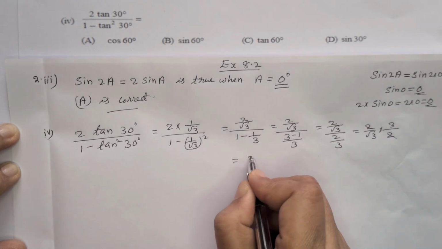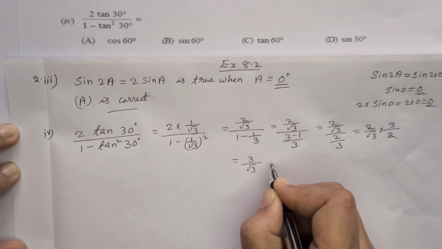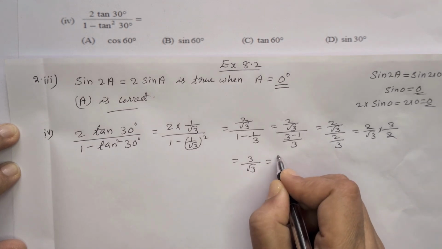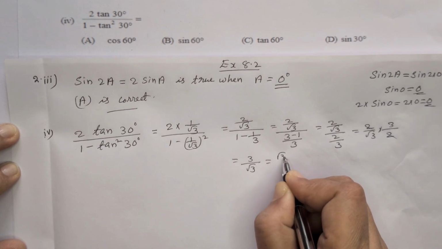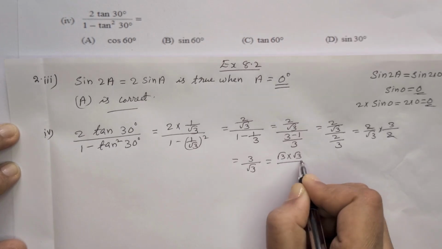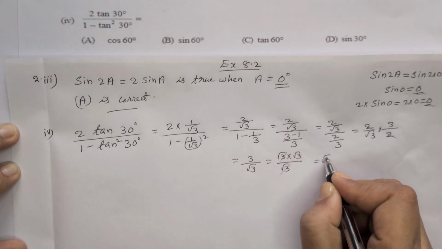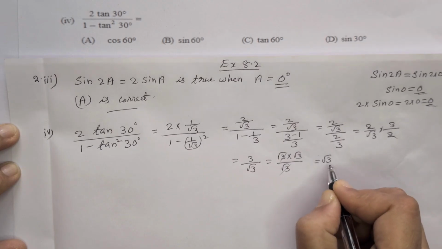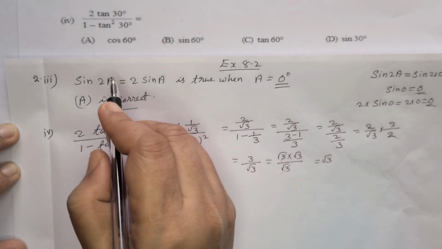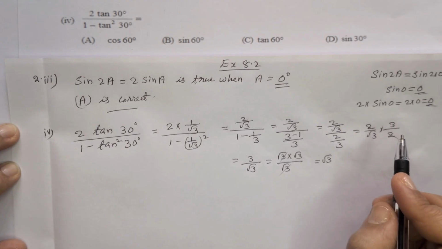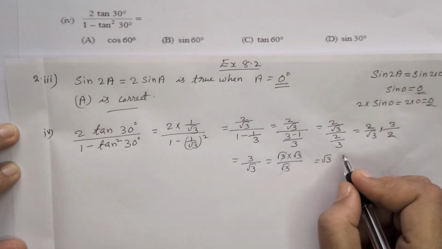What we are getting? 3 by root 3. We know that 3 we can write as root 3 into root 3 and denominator root 3. So this will cancel, is equal to root 3. Now value of root 3, when we are comparing to the options, we can see that root 3 is equal to tan.